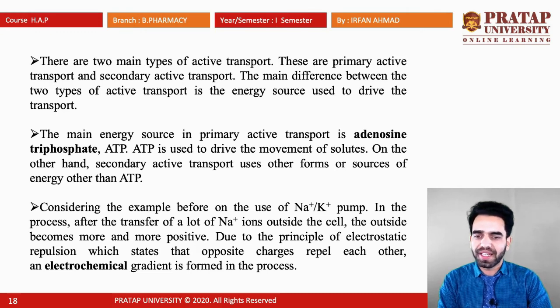We have given the example of a sodium potassium pump before. In the process, after the transfer of a lot of sodium ions outside the cell, the outside of the cell membrane becomes more positive, because sodium is a positive ion, a cation.